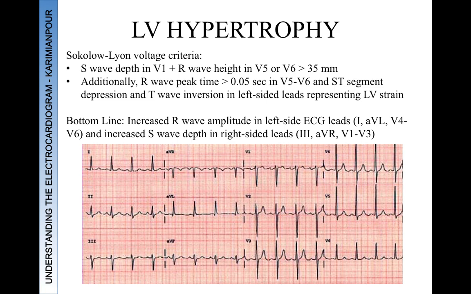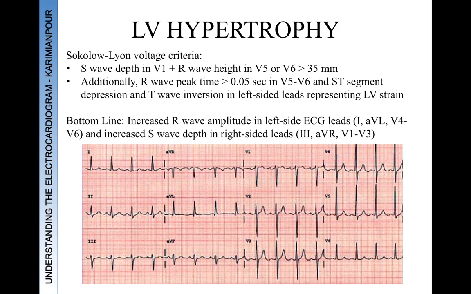If you think about it conceptually, if the left side of the heart is hypertrophied, and again, there's more electrical current being pulled towards the left side of the heart, there's more voltage towards the left side of the heart as compared to the right side, your voltage on your ECG, which is the y-axis, will be greater on the left-sided leads.